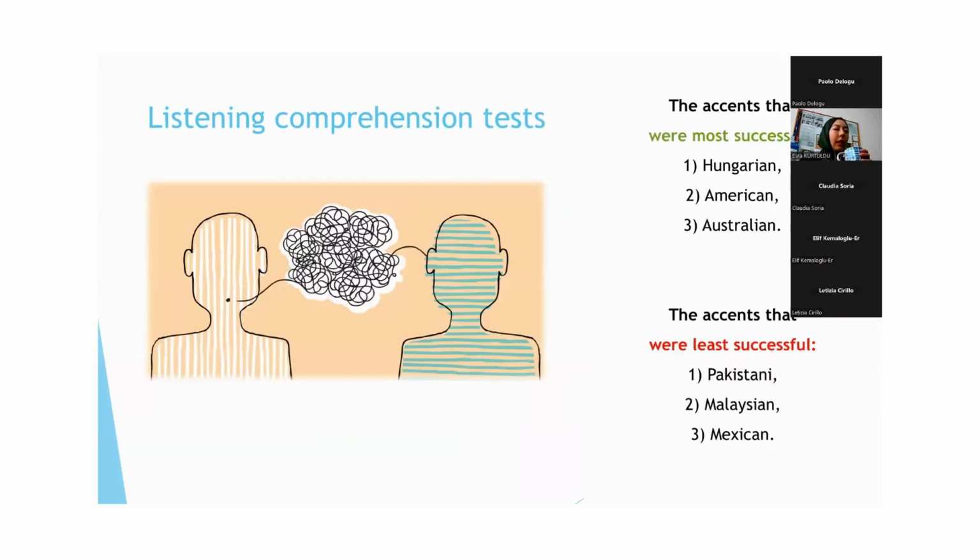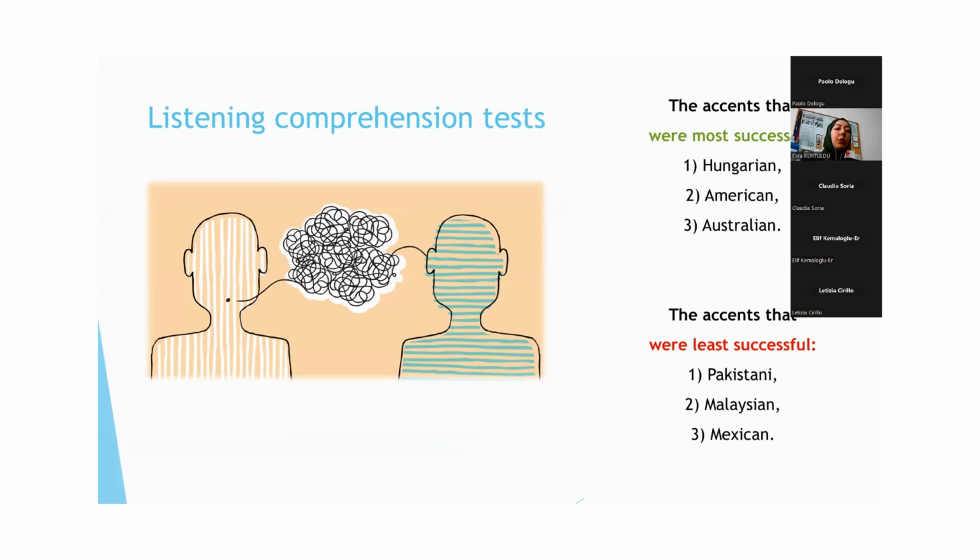What about the findings? So for the listening comprehension tests, the accents they were most successful with were given in order. For example, the first one was Hungarian.